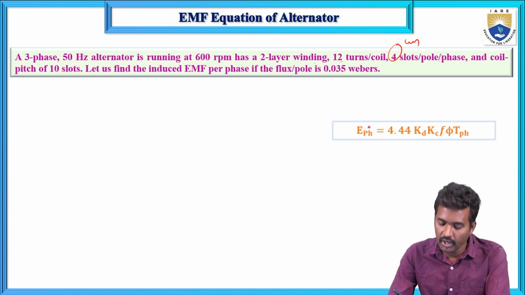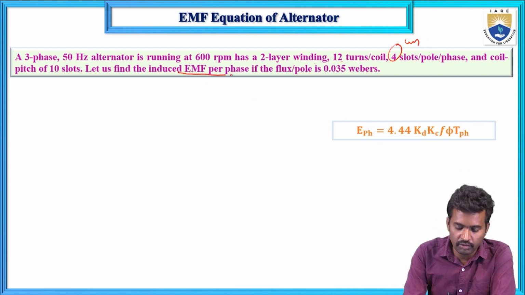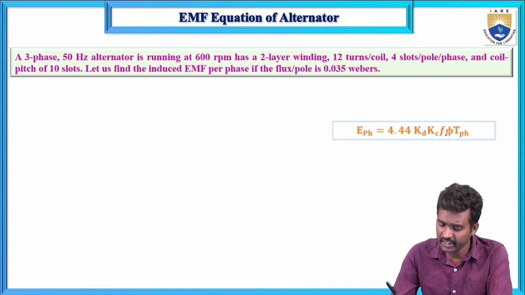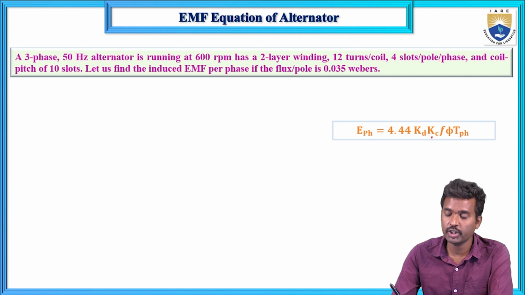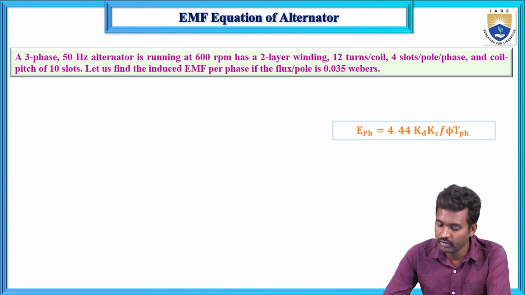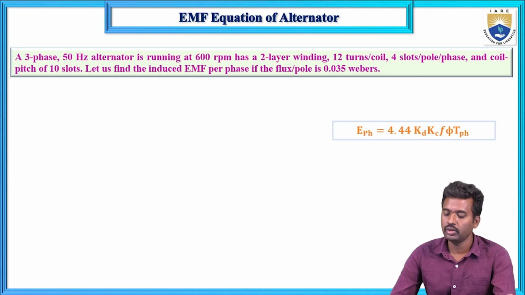We know this formula, E phase, which we need to calculate. E phase equals 4.44 into Kd into Kc, distribution factor and coil pitch factor, into f into phi into T phase, frequency into flux into T phase.